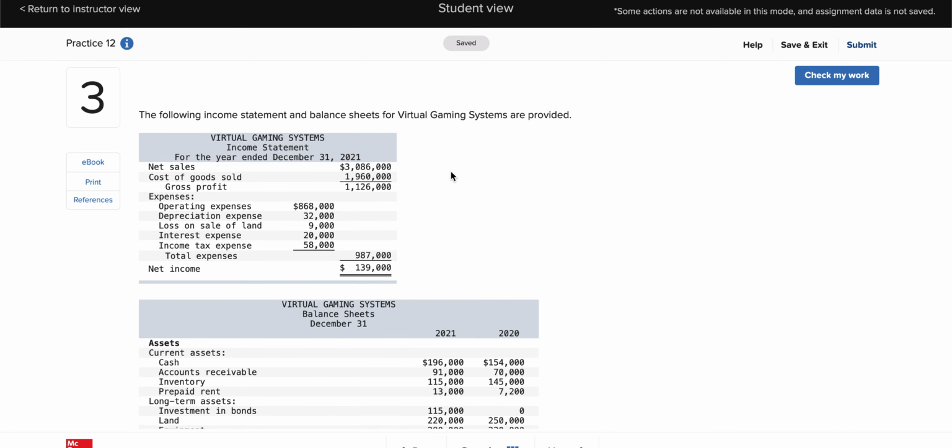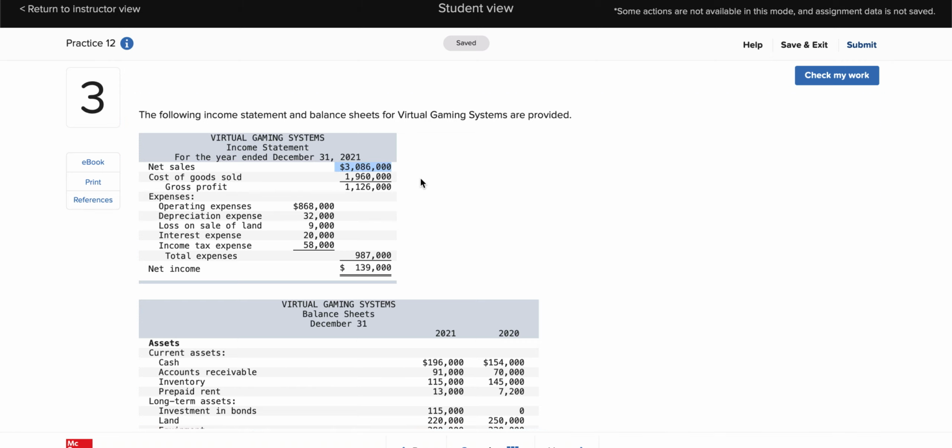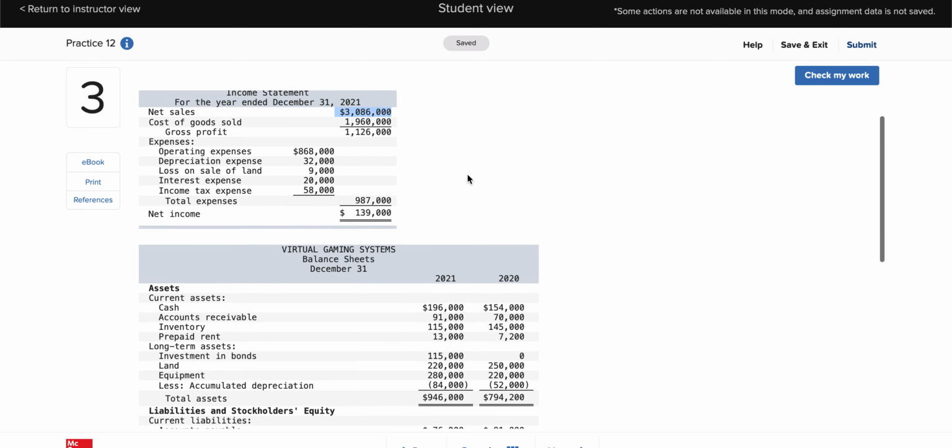Okay, here we go. I'm missing the number. My net sales number here didn't scroll down far enough. Net sales here, we're going to take net sales and we're going to divide it by the average receivables. So the 3,086,086 divided by our average receivables. I'm going to add these two together, divide by 2. That's my denominator.